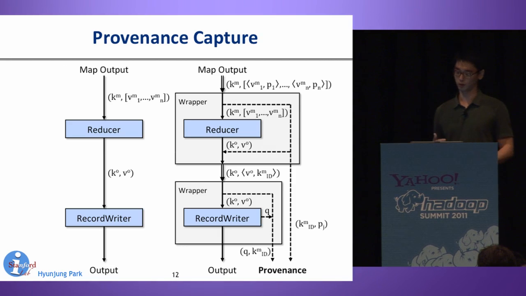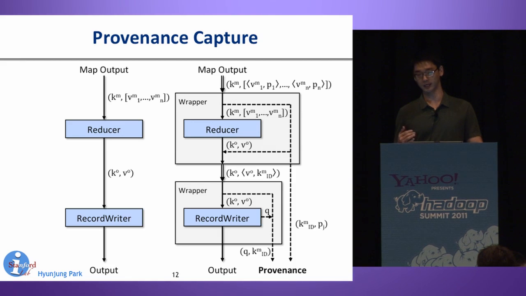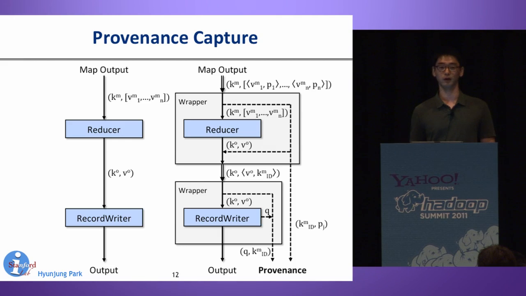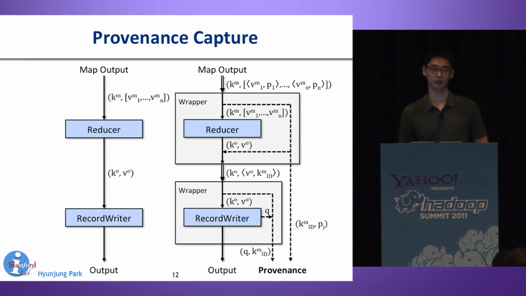The reason why we are storing both reduce and map provenance in the reduce phase is that this way we can gather all the provenance information that corresponds to the same reduce group in the same place. That will speed up the provenance tracing procedure. Once we have these two more output streams for provenance, you can imagine how the provenance tracing program will effectively join these two streams to get the mapping between input element IDs and output element IDs.